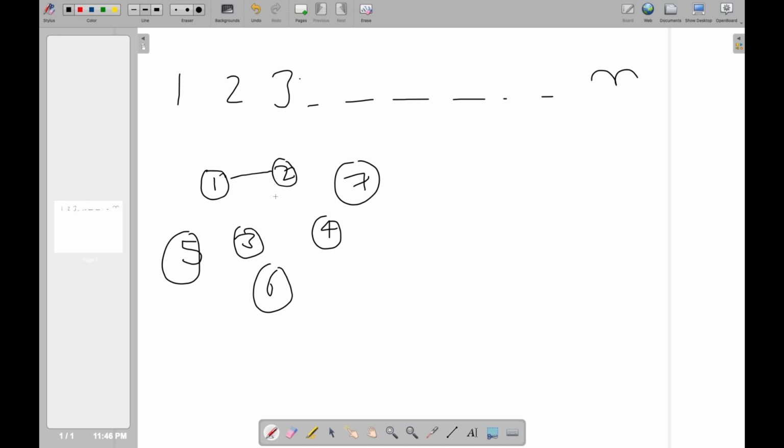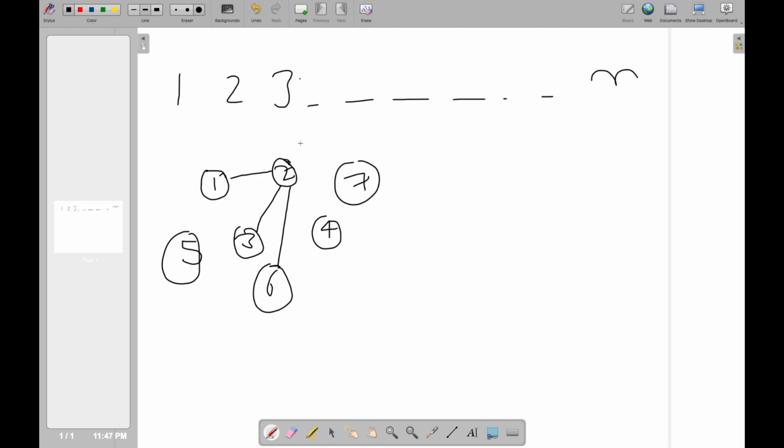Connecting 2 and 3 is okay, and then 2 has maximum degree of 2. But now let's say we are asked to connect 3 and 6, then here we don't want to connect 3 with 6. I mean we want to connect 6 with 3, but not necessarily directly. So instead, if we connect it with 2, we can get maximum degree of 3, which is better.